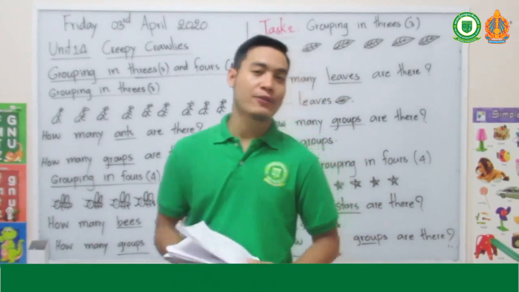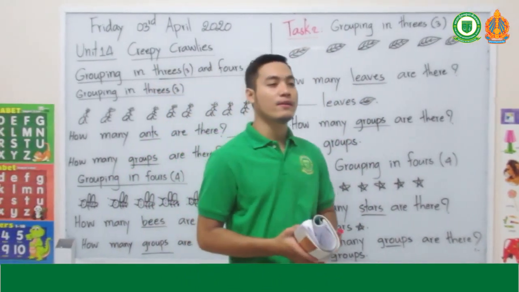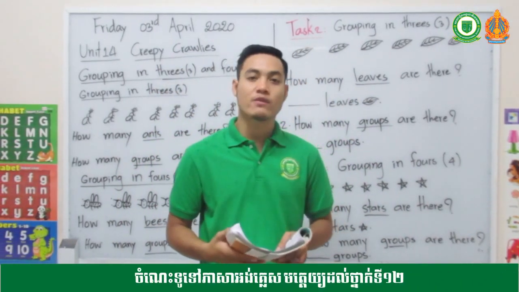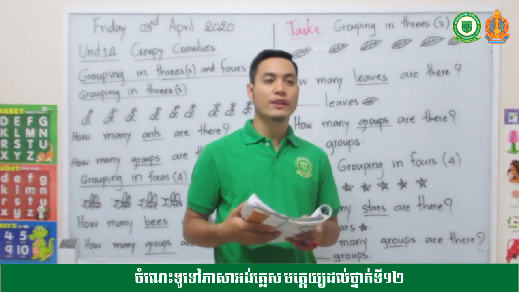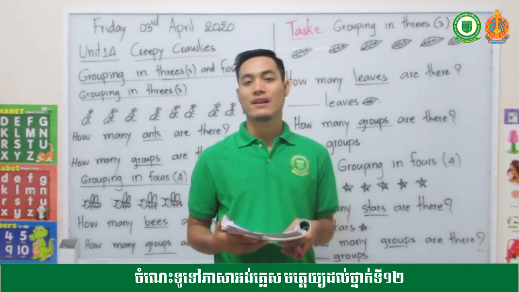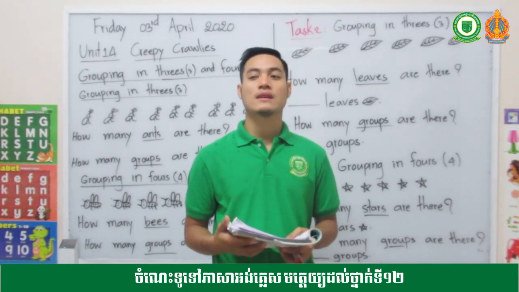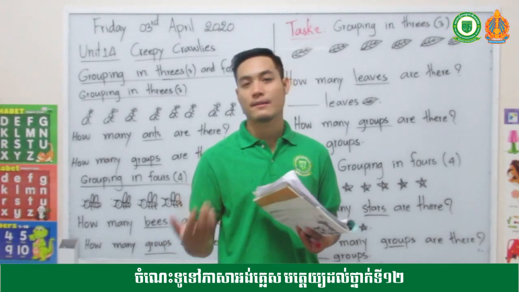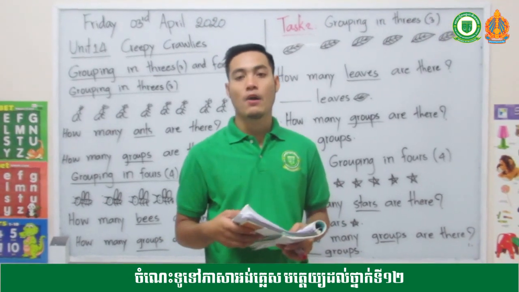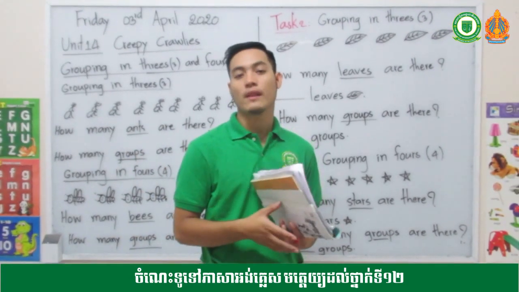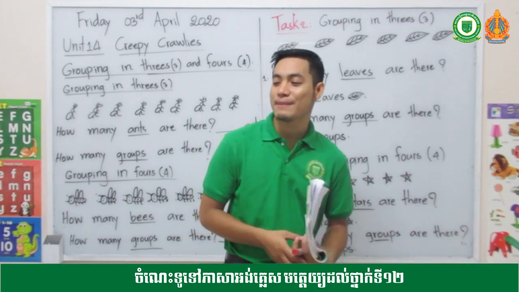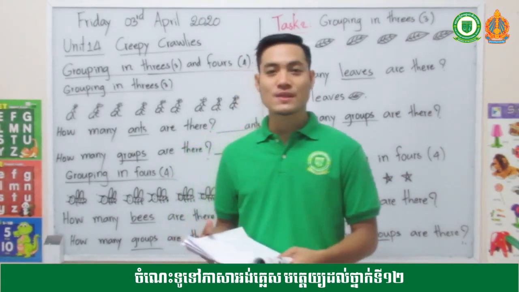As you know, we already learned about creepy crawlies. When we learn about the creepy crawlies, we learn about insects, small animals like butterflies, ladybirds, bees, and other small animals. We also learned about grouping in twos.